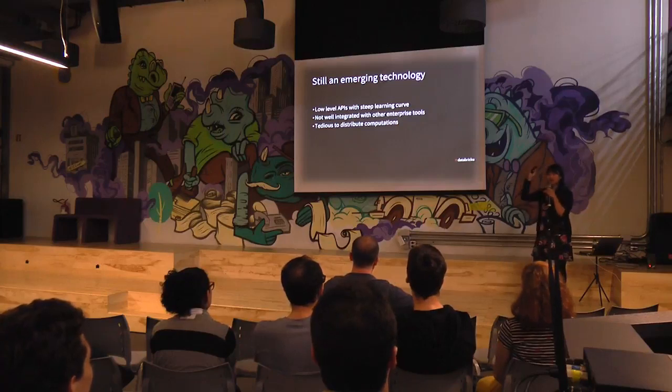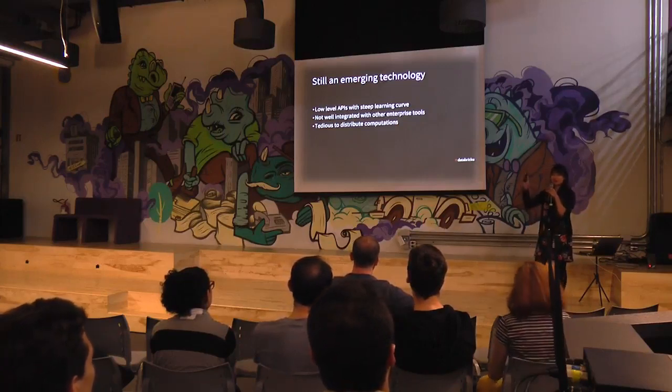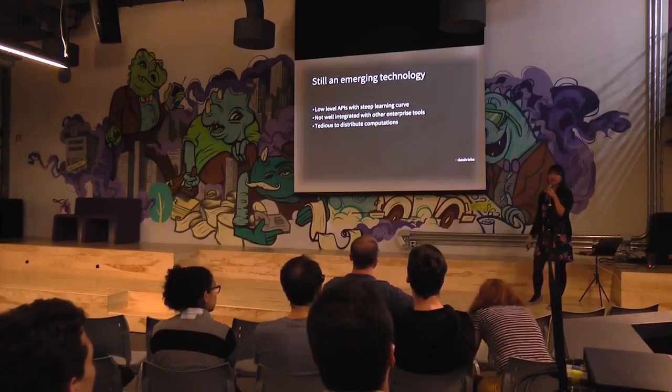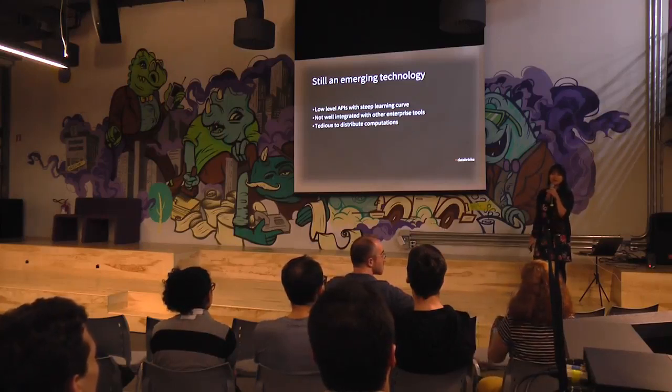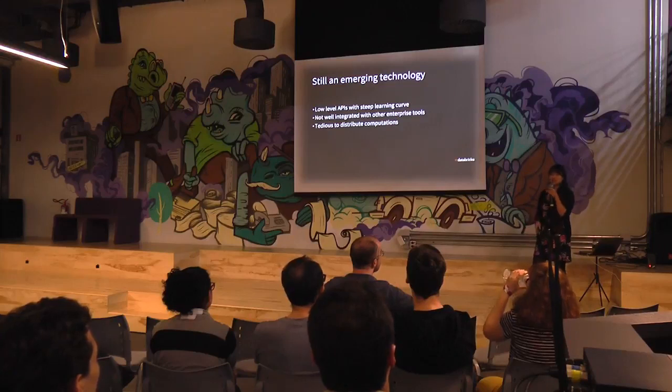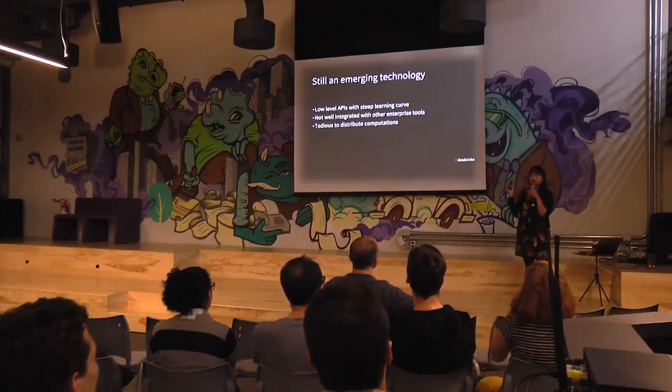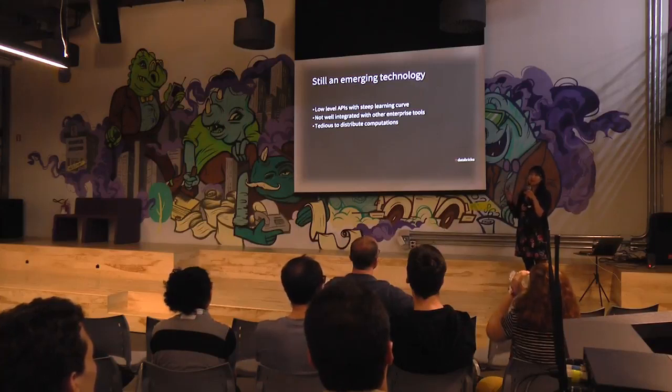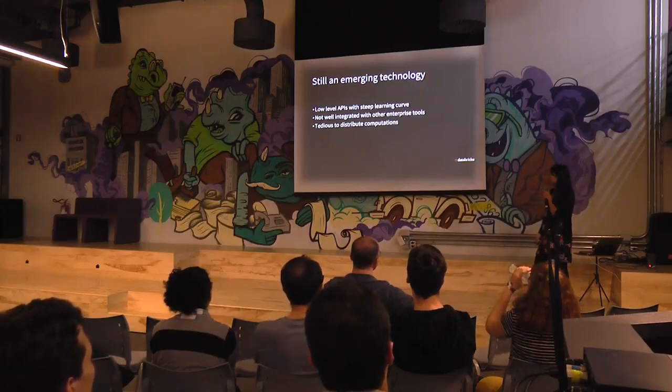You have to write a lot of code. You have to learn how to use the APIs, and you have to code like 100 lines for a simple word count application. Whereas Spark today is just .map.reduce. So it's really hard for people to learn the APIs and get started with deep learning.